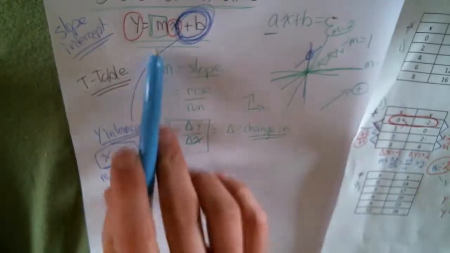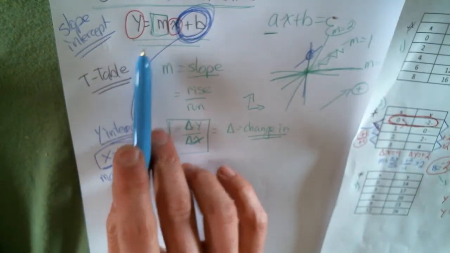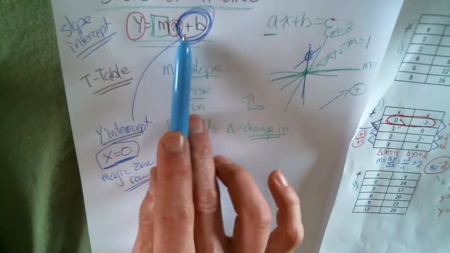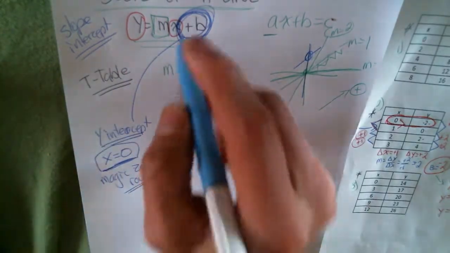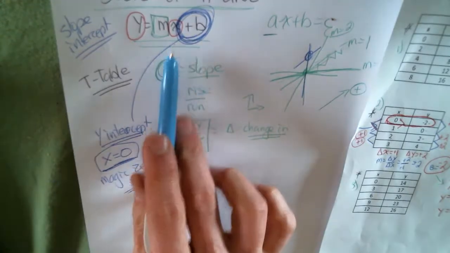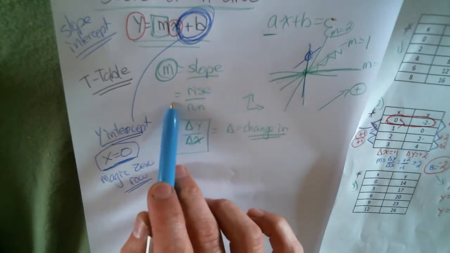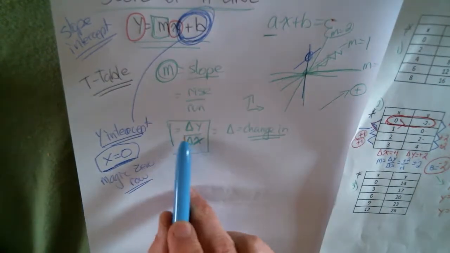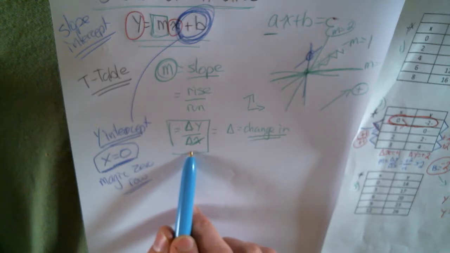Quick review. Slope. Intercept form. The value of y is equal to mx plus b. M is my slope, the steepness of the line. It's what I multiply x by. The way you calculate it is with delta y over delta x, the change in y over the change in x.